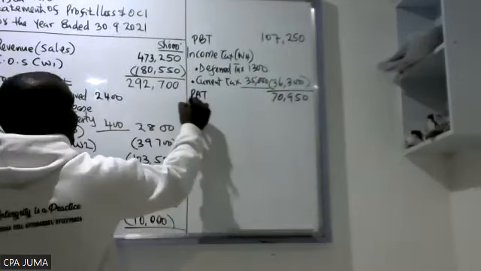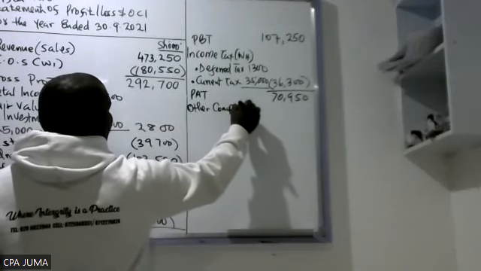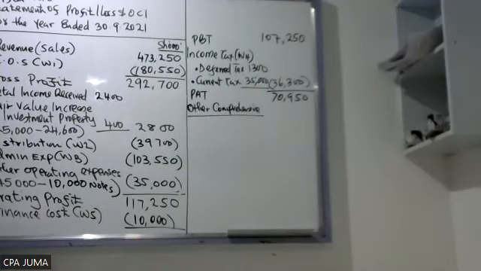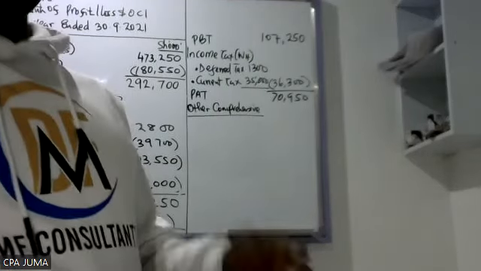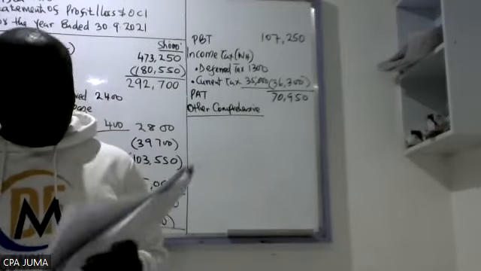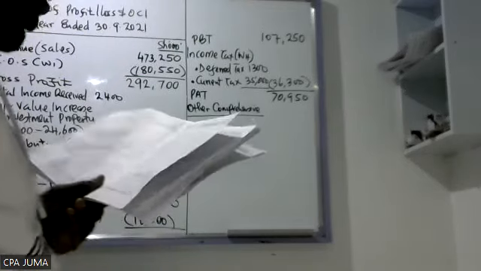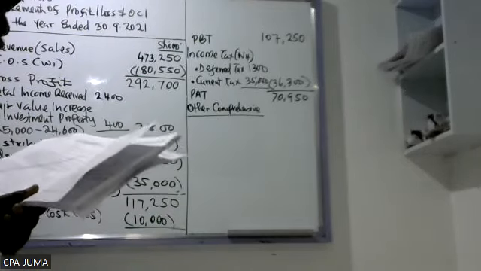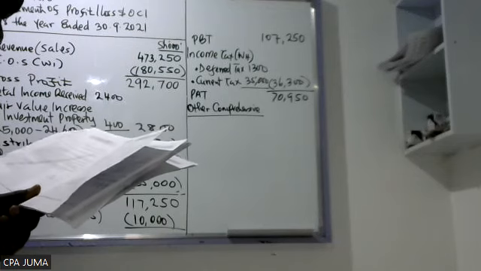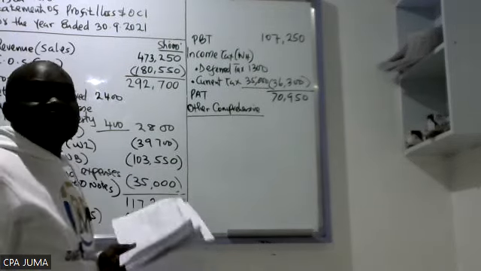Other comprehensive income. Check the trial balance. In the trial balance, you'll be able to see there was revaluation somewhere. I saw land revaluation reserve, 1, 2, 3, 4, fourth last.